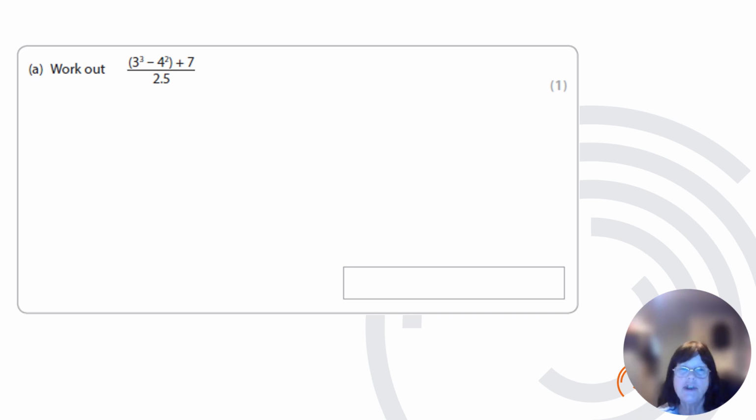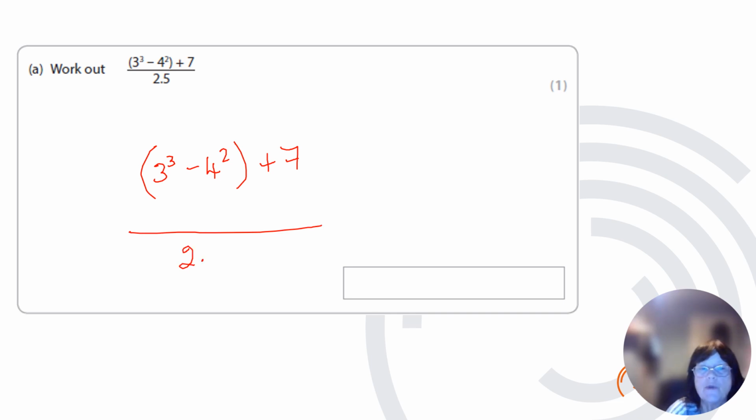Okay, how did you get on? Well, as I said, we need to do the top bit first. You have 3 cubed minus 4 squared plus 7, and then after we've solved that, we divide by 2.5.